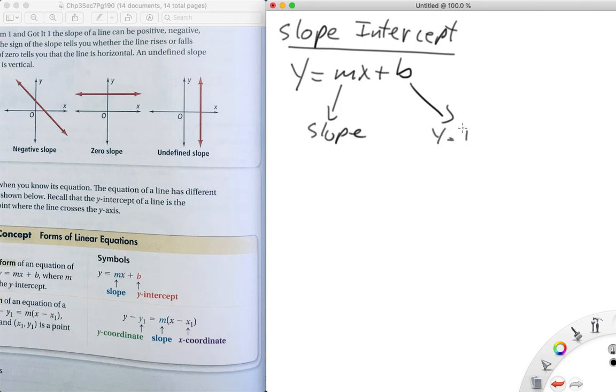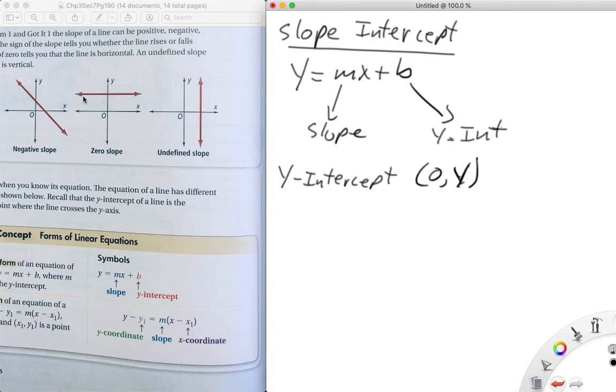And if you recall, the y-intercept is y when x is 0, meaning it crosses at the y-axis.